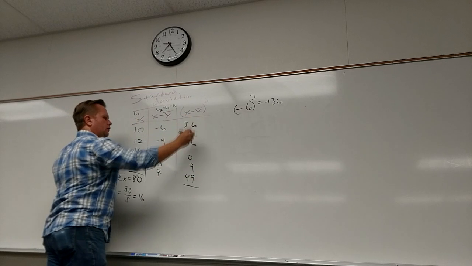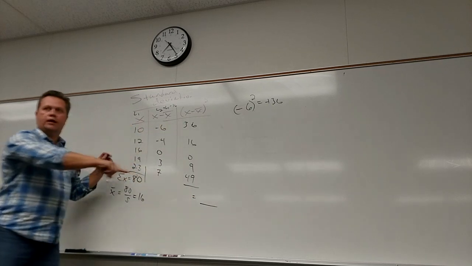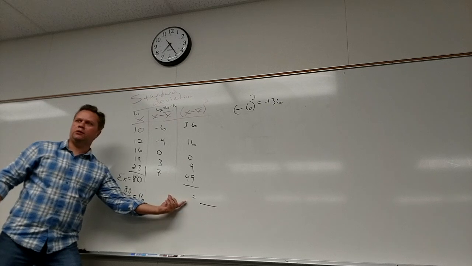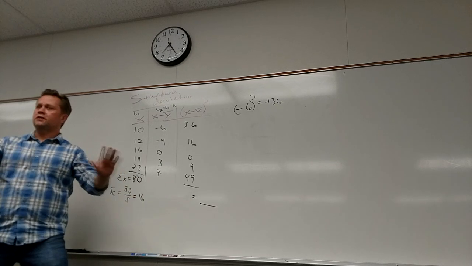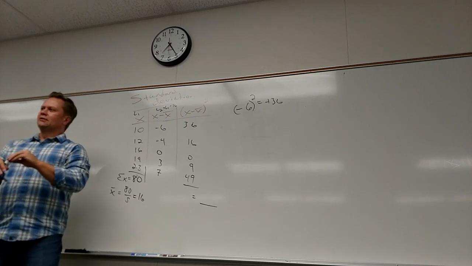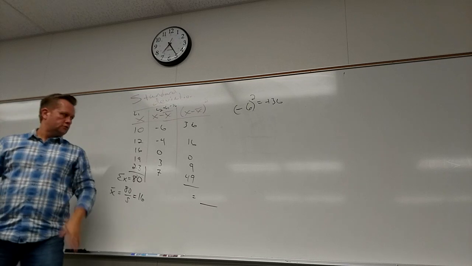Can you guys put the symbol for what we're doing when we add them up? Can you write the symbol right there for me? Don't say anything out loud. No, just nothing out loud at all.